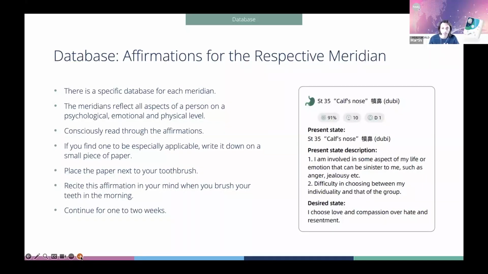And if you find one where you say, wow, this really touched me inside, this really made me think, then write it down on a piece of paper and put it next to your toothbrush. That's what I always do when I want to get things done consistently, because for affirmations it's about consistency, doing it every day. I always brush my teeth in the morning, and I always have things to do before I brush my teeth.